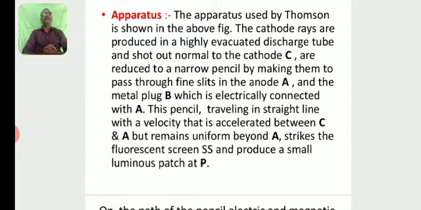As we have seen earlier, the cathode rays are produced in a highly evacuated discharge tube and shot out normal to the cathode C. They are reduced to a narrow pencil, a narrow beam, by making them pass through fine slits in the anode A and the metal plug B, which is electrically connected with A. This pencil travels in a straight line with a velocity that is accelerated between C and A but remains uniform behind A, and strikes the fluorescent screen SS' and produces a small luminous patch at P.